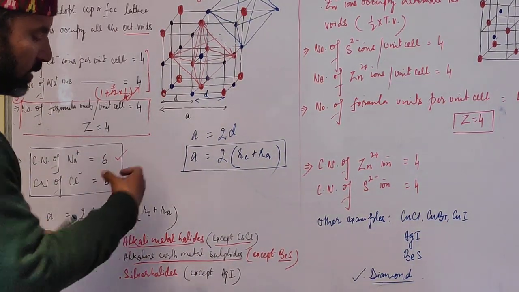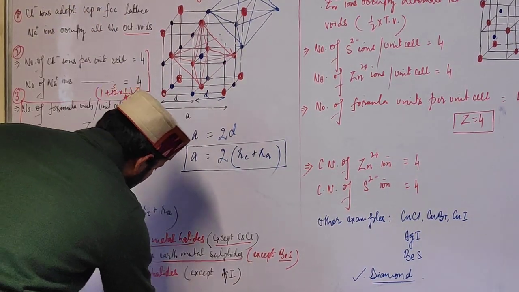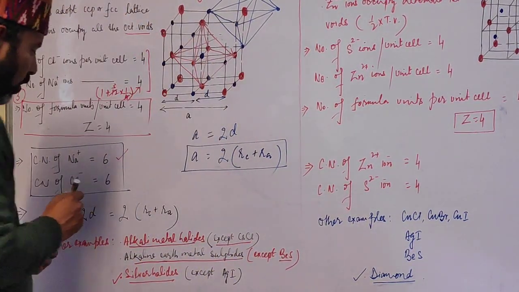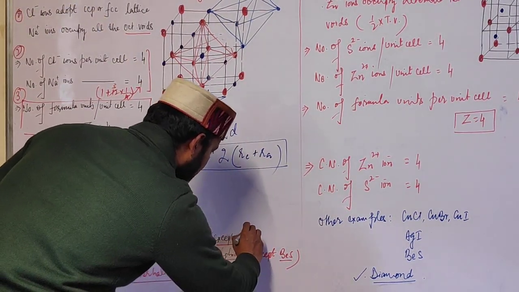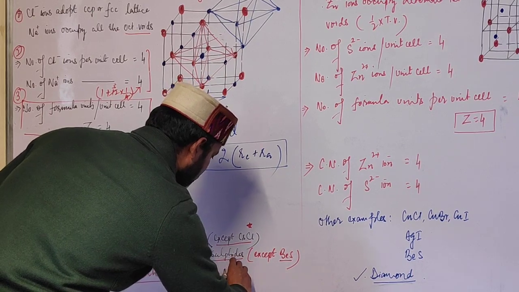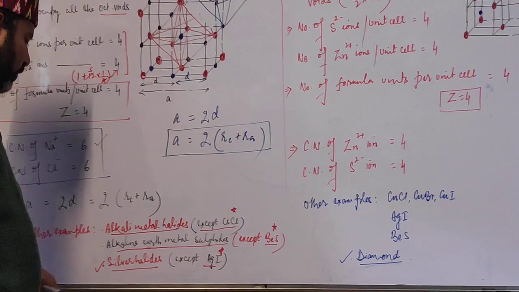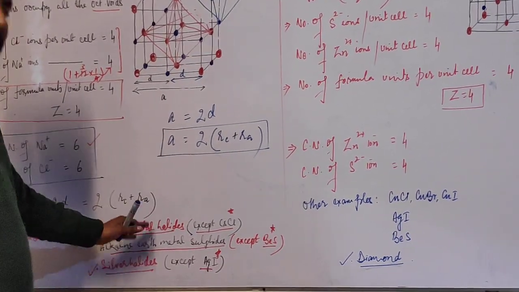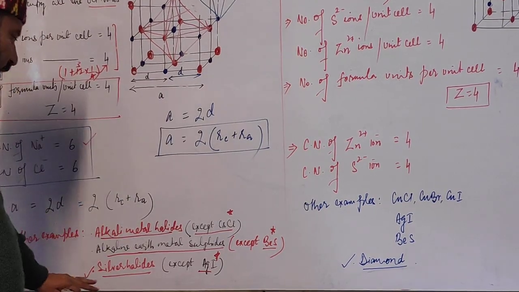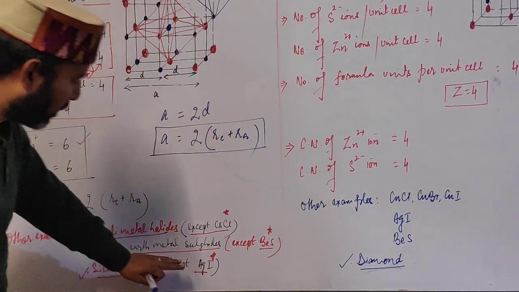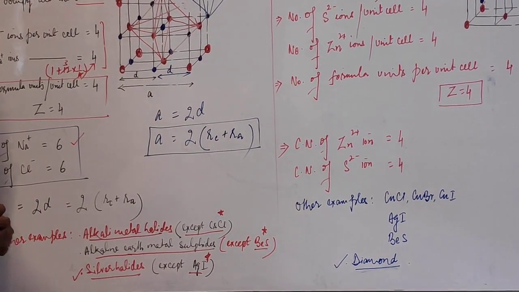It has a zinc blend type structure. And thirdly, we have silver halides. They also have this rock salt structure, but there is an exception. So please remember these exceptions: all alkali metal halides have rock salt structure except cesium chloride. Sulfides of alkaline earth metals have rock salt structure except beryllium sulfide. And similarly, silver halides also have rock salt structure except silver iodide. So this was the rock salt type structure.